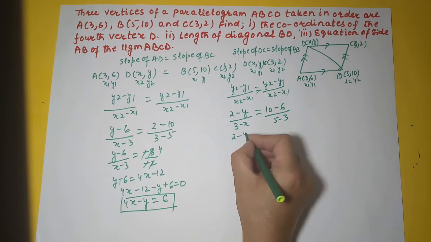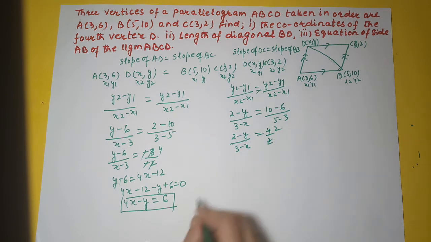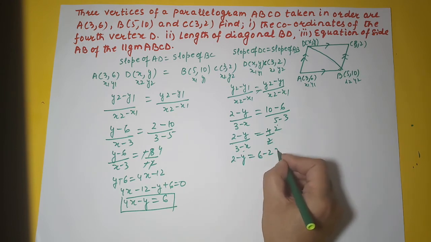So you got 2 minus y upon 3 minus x equal to 4 by 2. 2 2s are 2. So cross multiply, you will get 2 minus y is equal to 6 minus 2x.